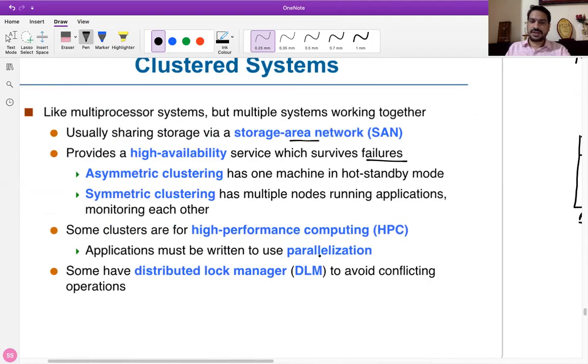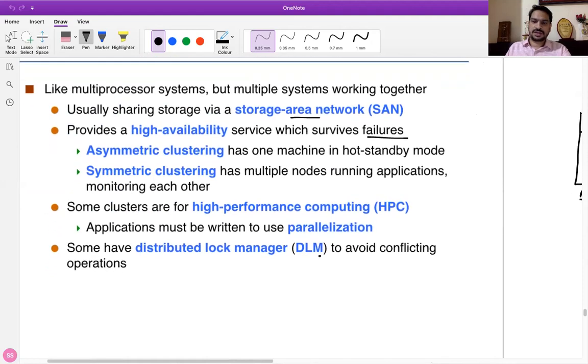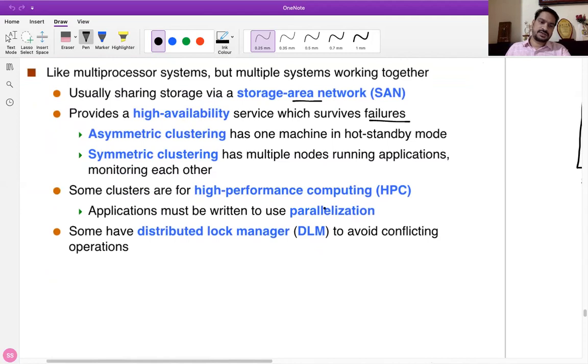Each and every unit is running in your cluster architecture. Some clusters are for high performance computing. As I told you, we have high performance computing in our institute, and it follows a storage area network architecture. Applications must be written to use parallelism.